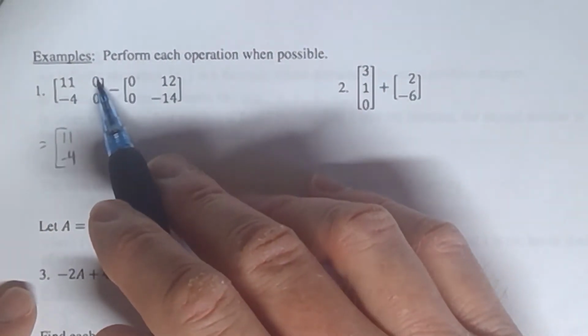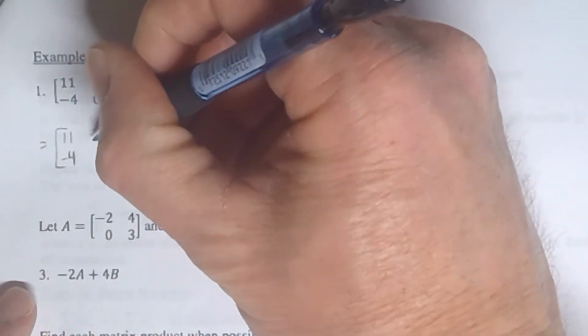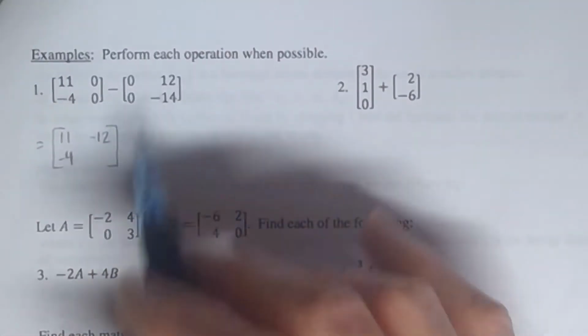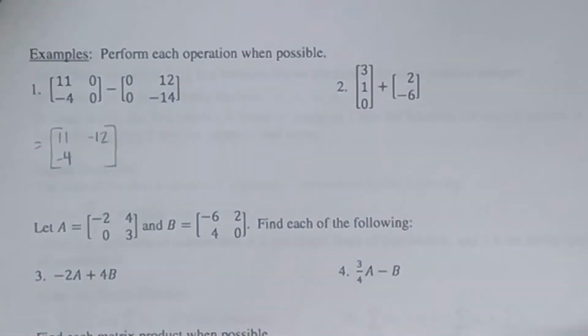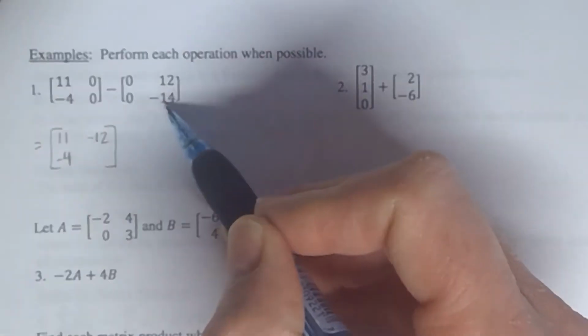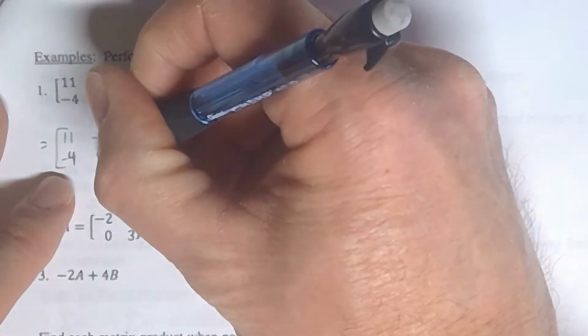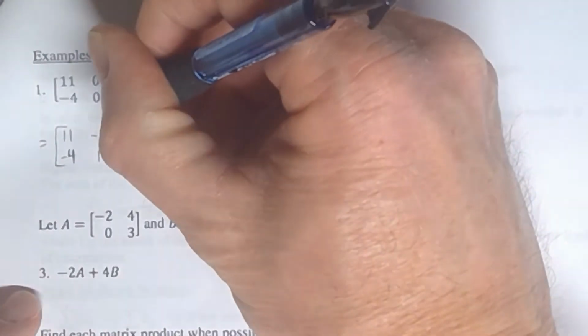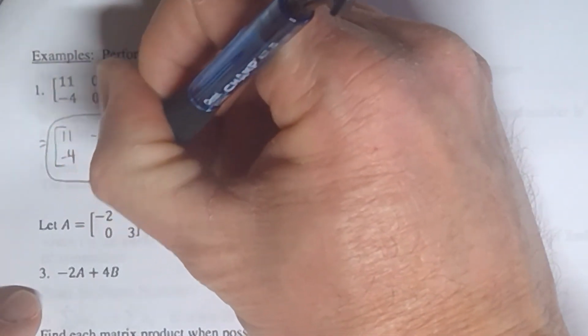Top right is 0 minus 12. That answer, negative 12, also goes in the top right. And finally, 0 minus negative 14. Remember, that's a double negative. Subtract a negative, so that's 0 plus 14, which is 14. And so we have our answer right there.